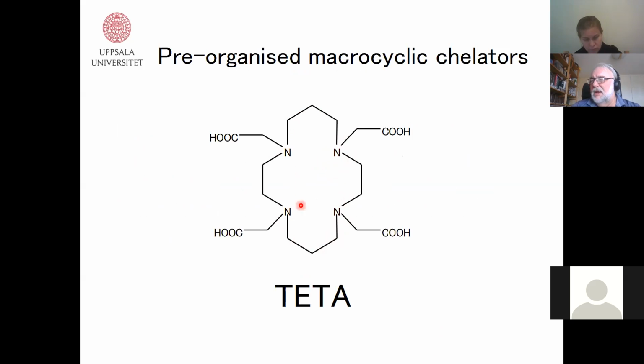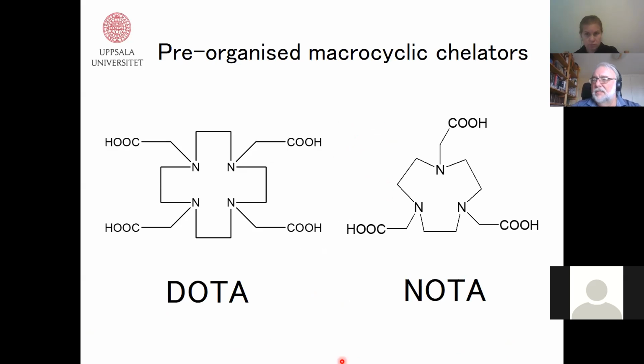which can surround the central cavity of the metal, and then only the carboxy groups would be restricted in their movement. So formally you are gaining chaos and you can form more stable complexes. Here are two other examples of macrocyclic chelators.